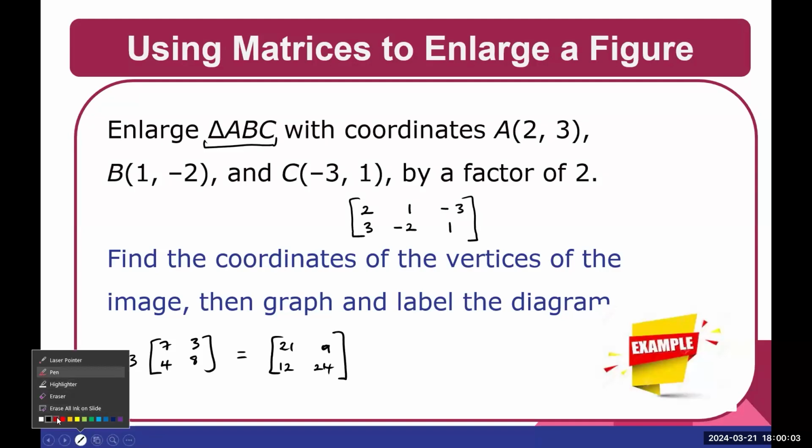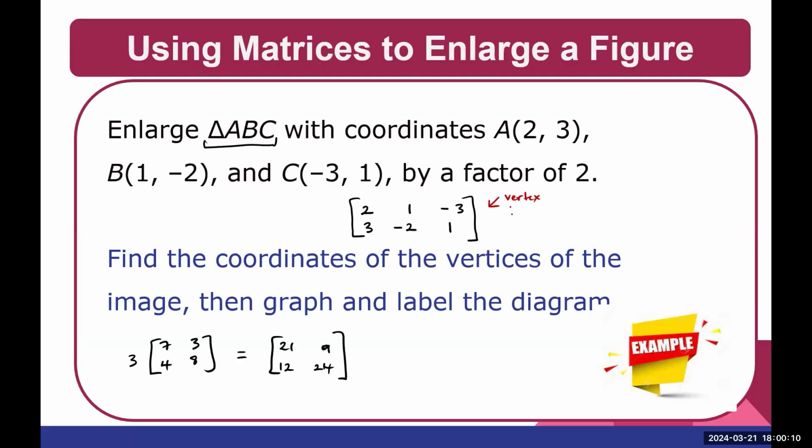So this is the vertex form of our object. Now the factor of 2 is what we want to enlarge by. A trick to note is that when we're finding the enlarged matrix, all we need to do is use whatever factor they give us and just find the scalar multiple.